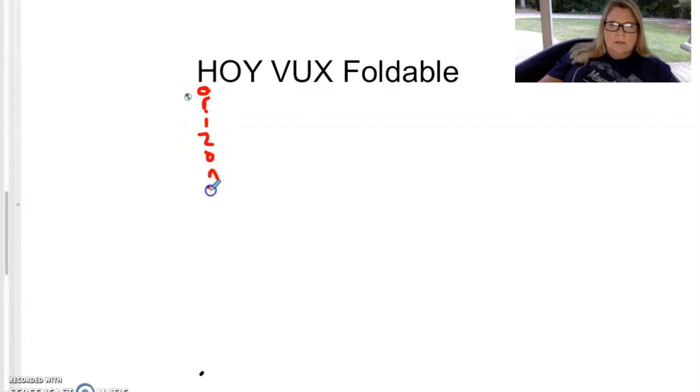Trying here, horizontal. If you ever have a horizontal line, it has a 0 slope. And it's always a y is equal to.